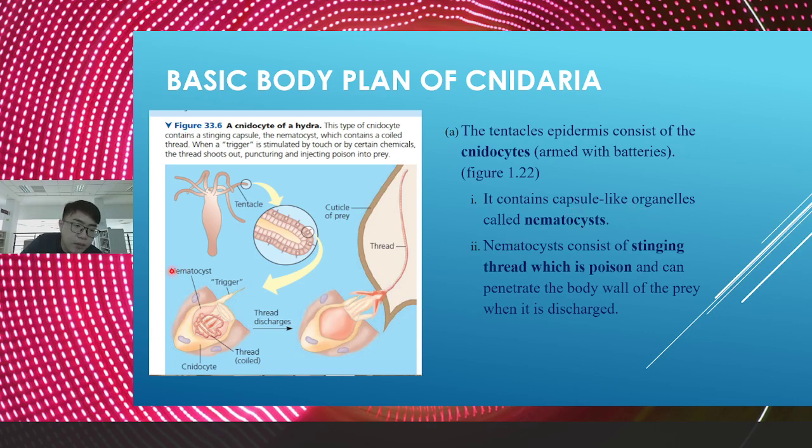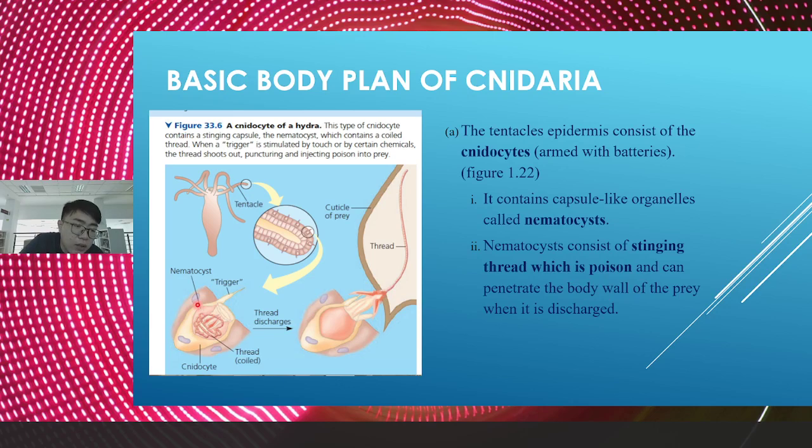This is the nematocyst. This brown color, pale brown color, is the nematocyst. So the nematocyst consists of a stinging thread with its poison and can penetrate the body wall of the prey when it is discharged.